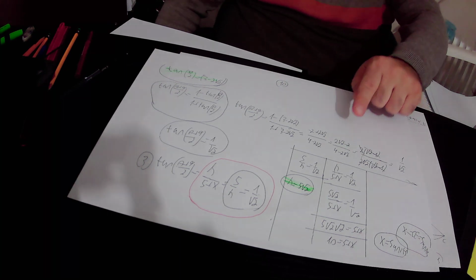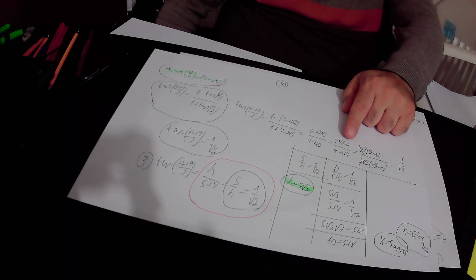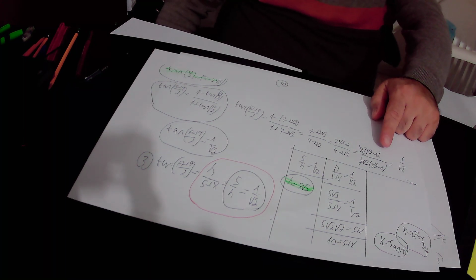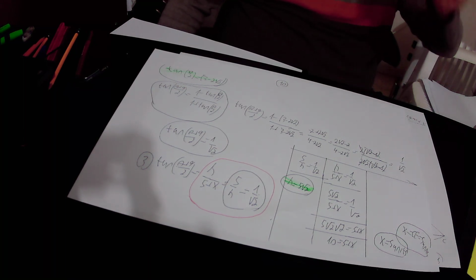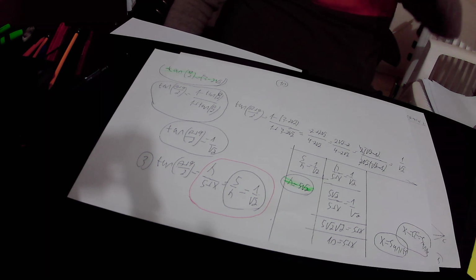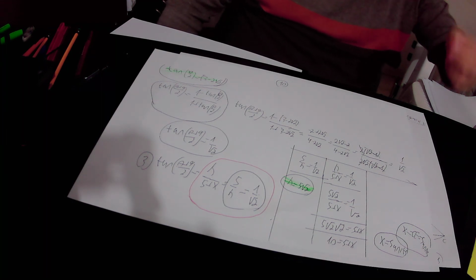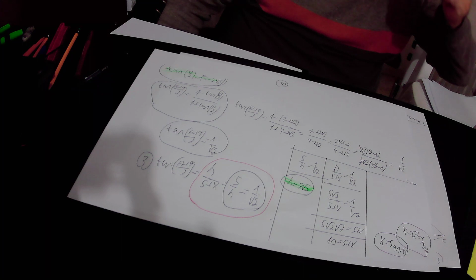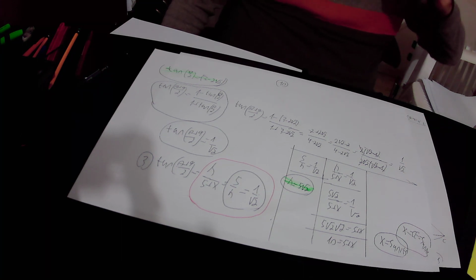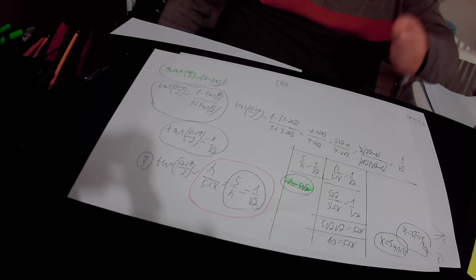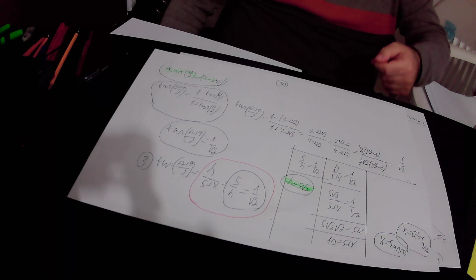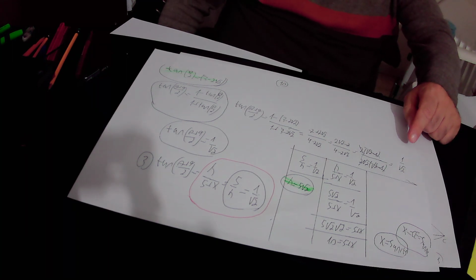From the denominator we took 2 times square root of 2 as a common factor, and what is left inside the brackets is also square root of 2 minus 1. So square root of 2 minus 1 will get cancelled, the 2s will also get cancelled, and we are left only with 1 over square root of 2.